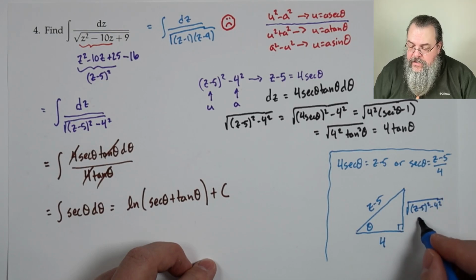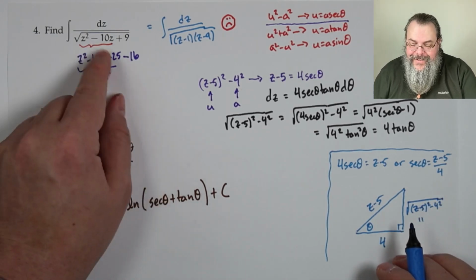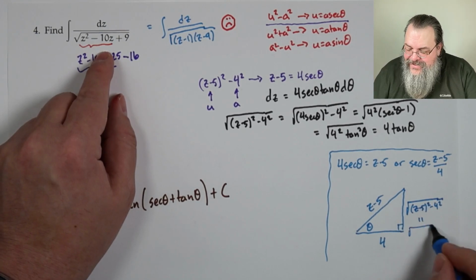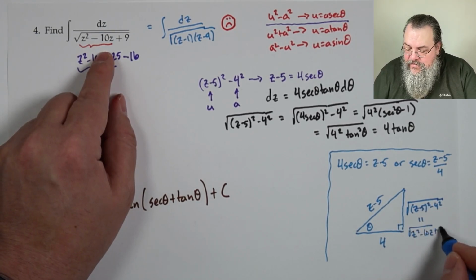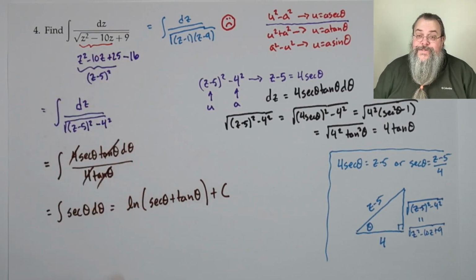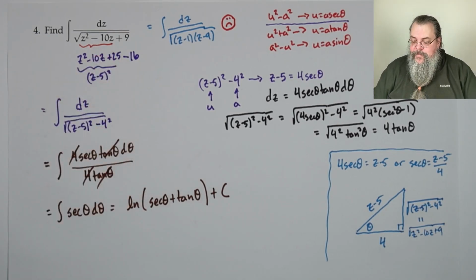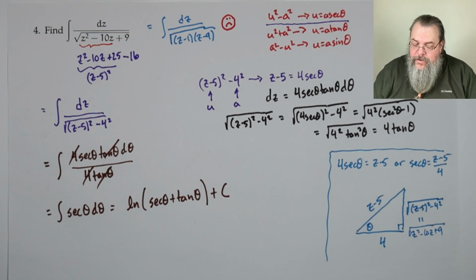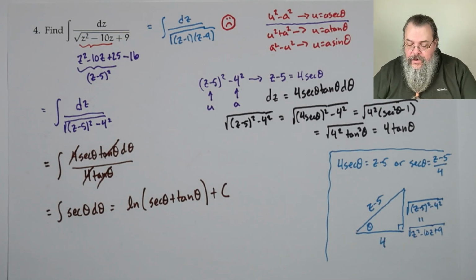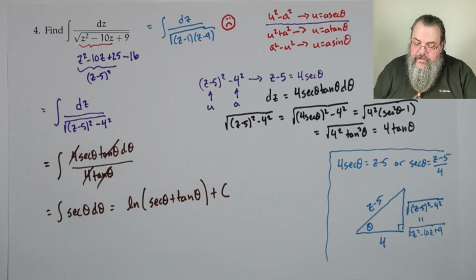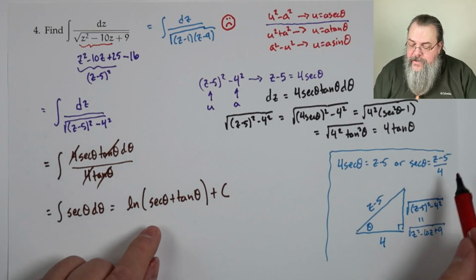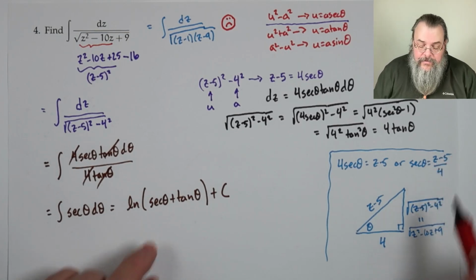This last side is the square root of z minus 5 squared minus 4 squared, which, by the way, is the expression, the square root of z squared minus 10z plus 9. That's what started this whole process. All right. With this triangle, we can read things off. Secant theta is z minus 5 over 4.